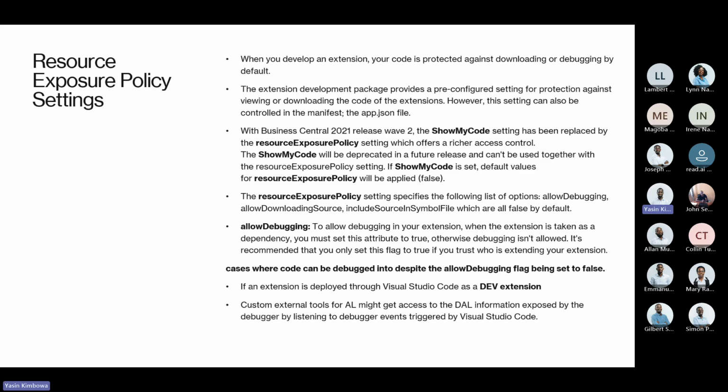And they also said that resource exposure policy setting isn't visible in the app.json file when it is generated. So I think that's why in June, I think they are going to change this paper. Currently, we are doing the previous version. In June this year, they are going to be changing the paper.